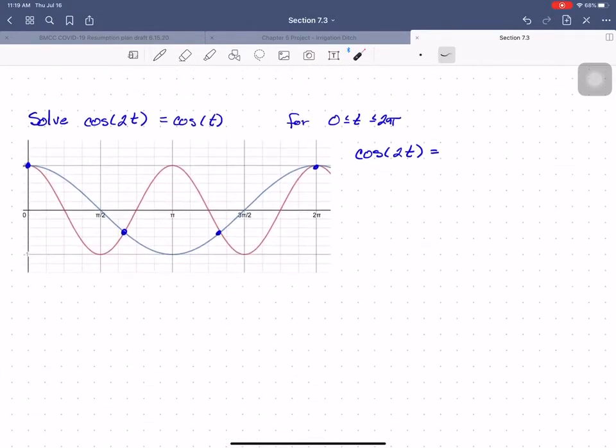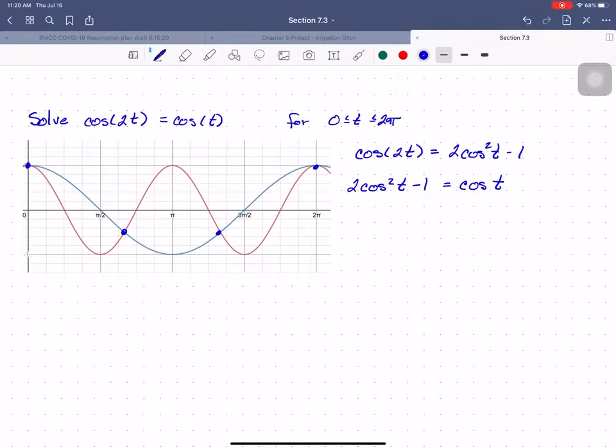So cosine 2t equals 2 cosine squared t minus 1. So that means my equation can be written as 2 cosine squared t minus 1 equals cosine t.